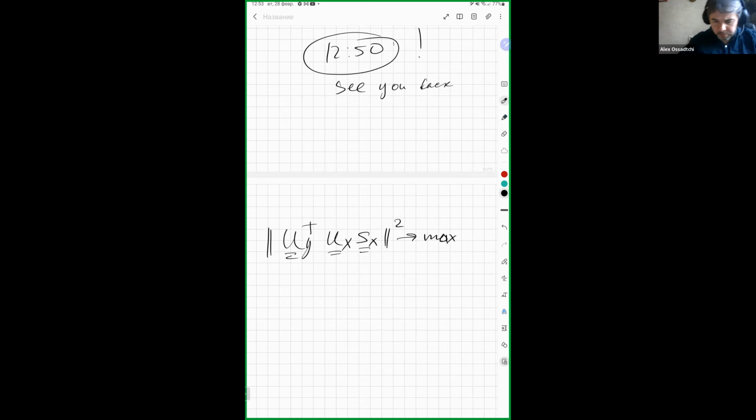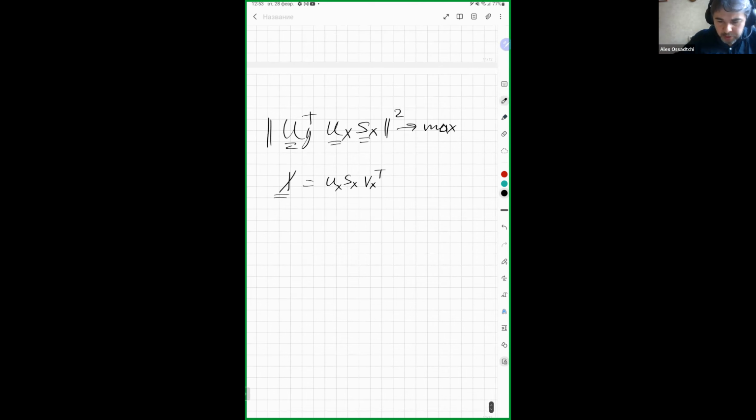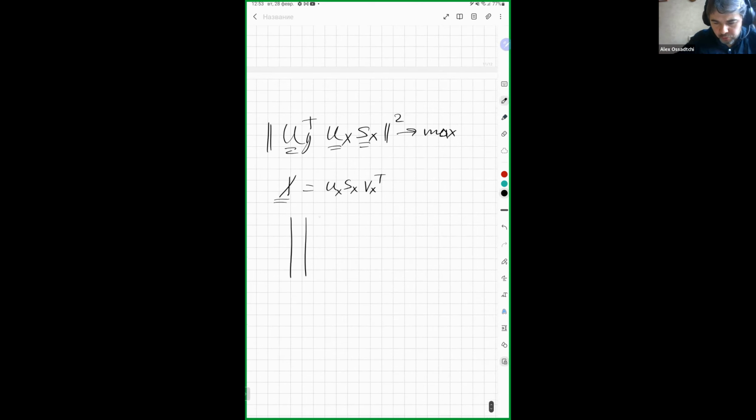Okay, so look, X is something that comes from your data, right? Your data are decomposed as UX SX VX transposed. In this decomposition you have columns of U, which is matrix UX.